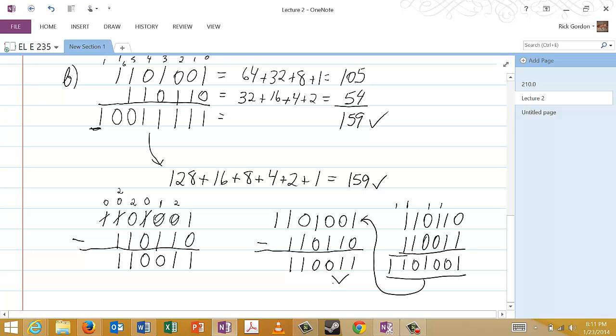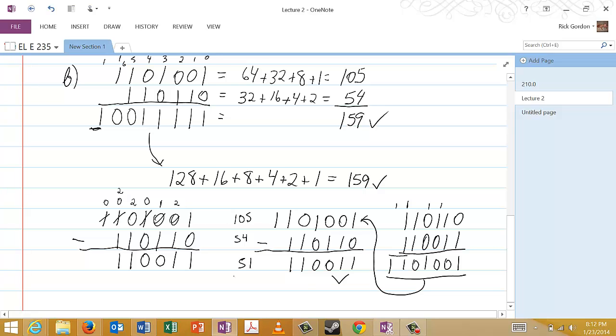Now, of course, if you wanted to, another way to check it would be to convert all of these numbers to decimal. We know that the top number is 105, and the second number is 54. We know that from our previous work, and therefore this number down here should be 51.